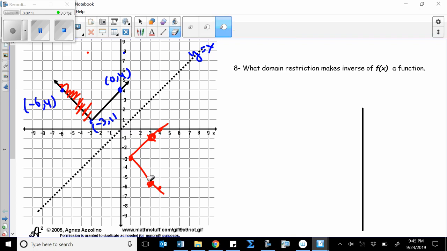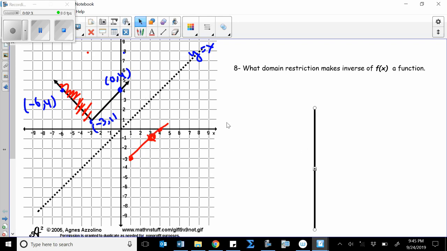So we won't have this side anymore. So we get rid of this. Now, if I use the vertical line test, I will see that I'm passing through only one point. As I move it on my graph, it's always passing through only one point. Now the reflection of this graph, or actually the inverse of this graph, is a function.